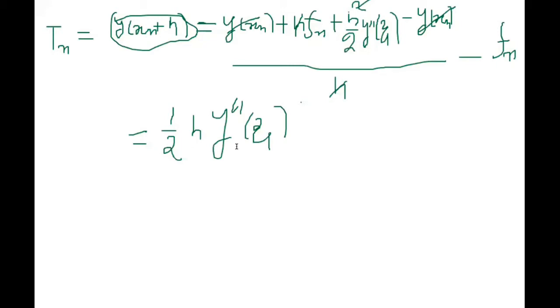Both we have to address. But in this case, because we are not using any machine, there is no issue of round off error here. Only truncation error will play the role. So as h tends to 0, this Tn tends to 0. So our method is convergent here.